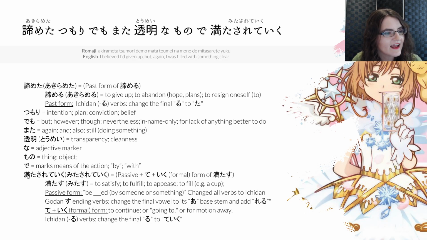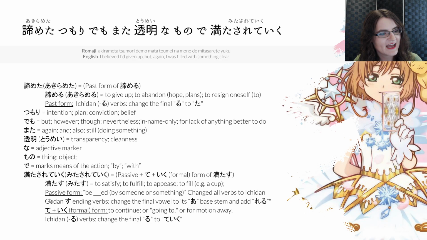And then de is marking the means of the action, like with clear things or by clear things. We have this mitasareteiku, which is the passive teiku form of mitasu, which is to be satisfied or filled up. So you're filled up with all this clear stuff, which maybe it's love or hope or dreams, any of those, all good things to be filled with.